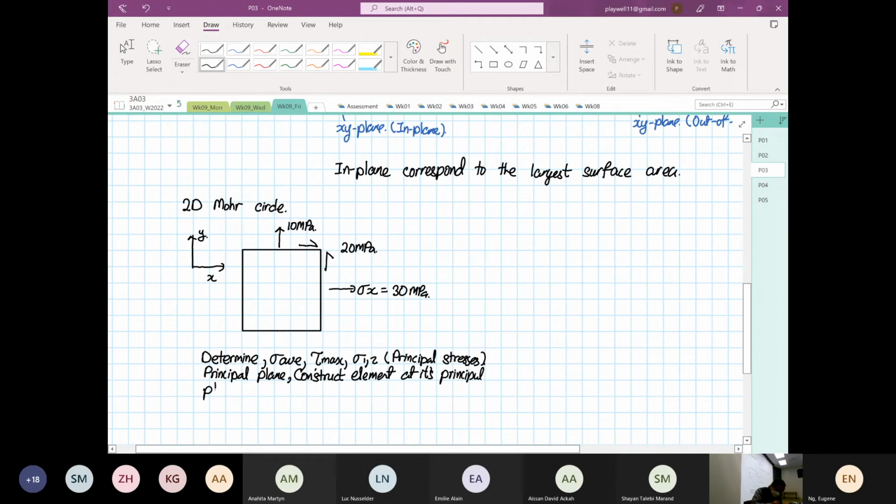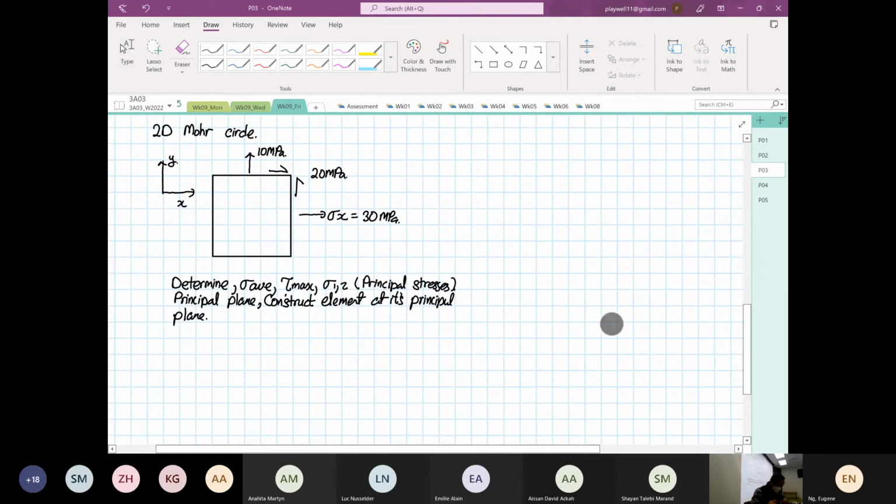Okay. So like what you guys know, whenever I teach Mohr circle, I don't use formulas, right? We construct the circle. So it's important that in your exam, you should have mathematical instruments, okay?